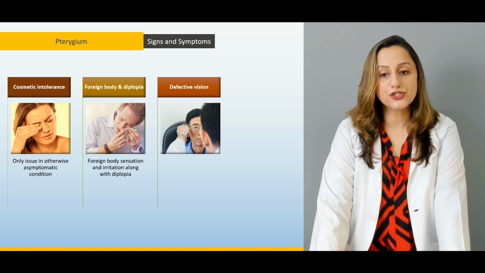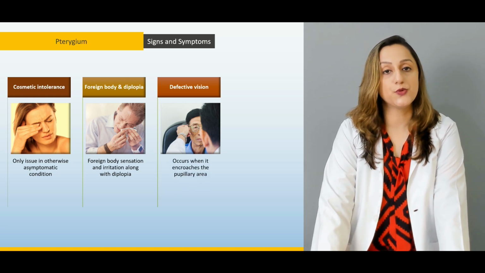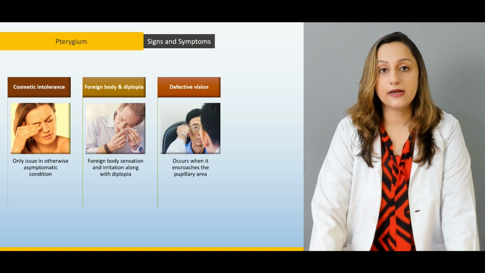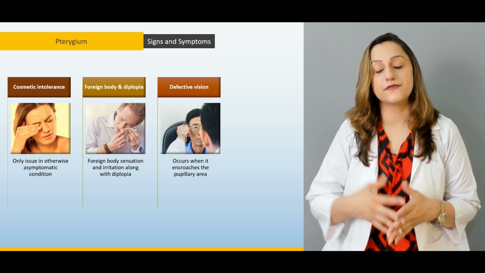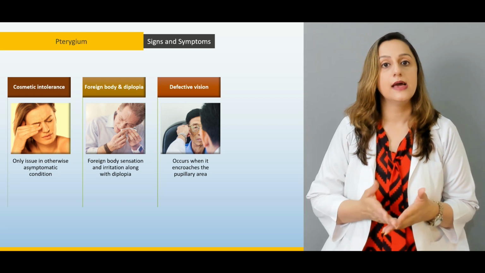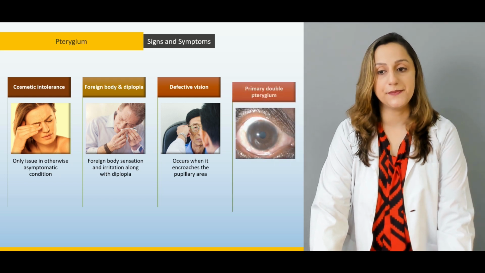The defective vision, decreased visual acuity, obviously after it encroaches the pupillary area, is going to hinder the effect of the lens. So if it's encroaching upon the cornea and involving the pupillary area, the patient would also complain of a decrease in visual acuity.